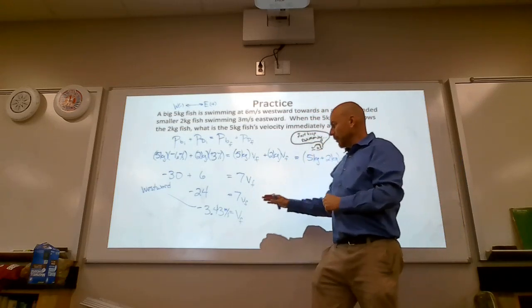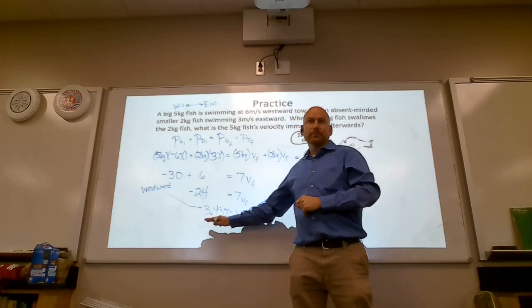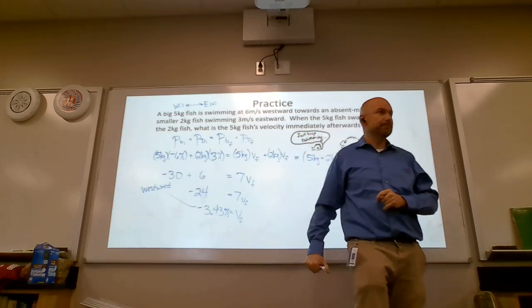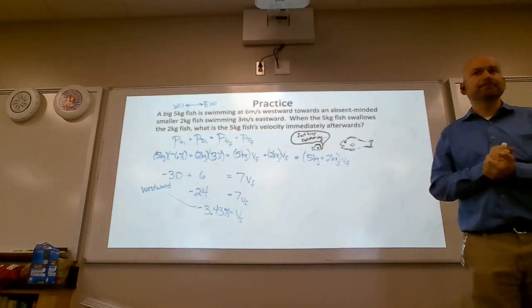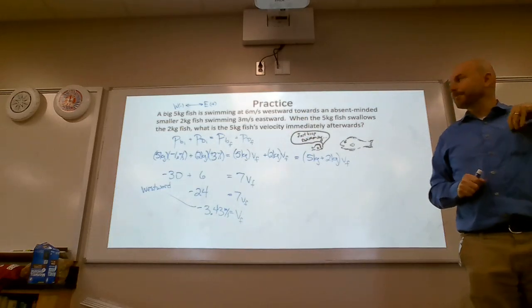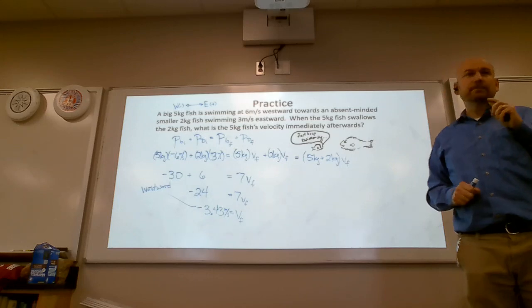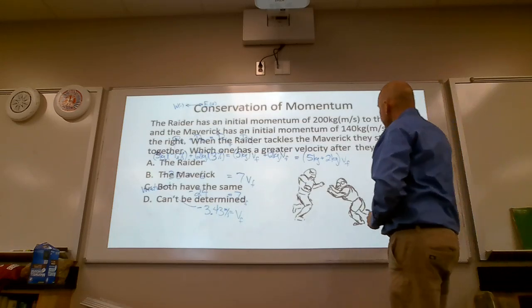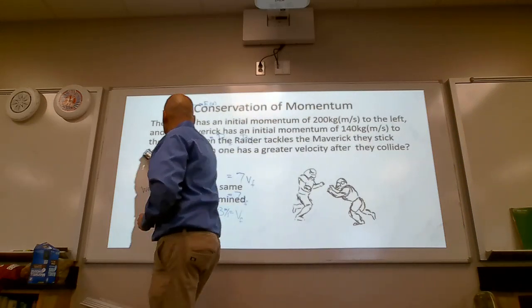And that will come out in the answer. You'll know the sign, the direction of that based upon the answer. Good with that? Okay. All right. Revisiting our football players.